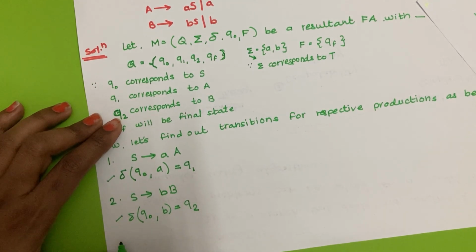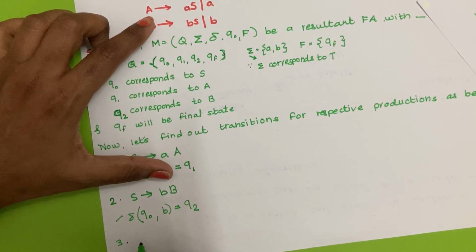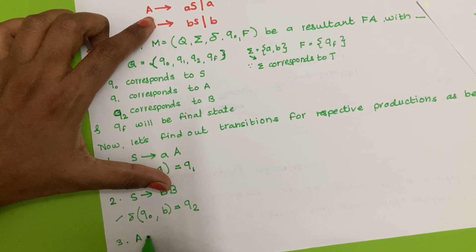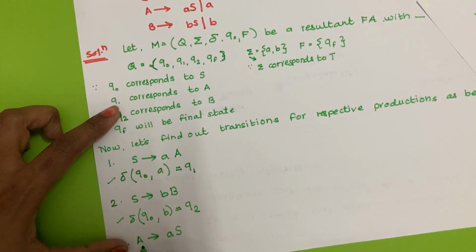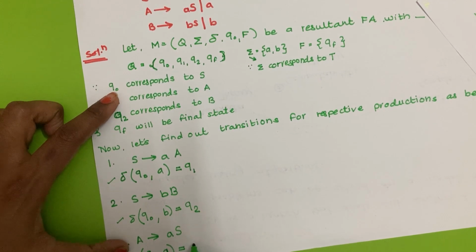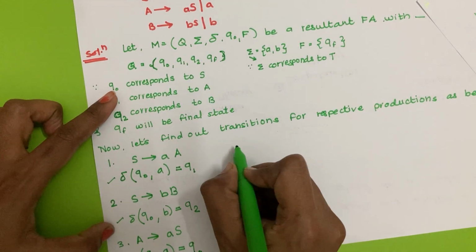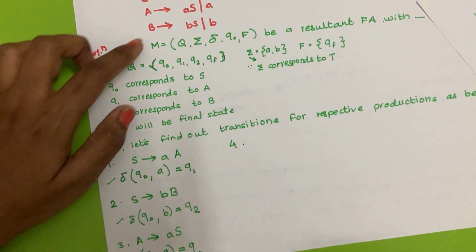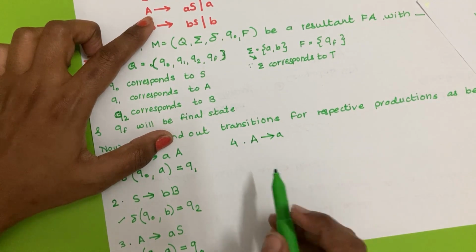Now the next production is A → aS. So δ of A, instead of A I'll put Q1, Q1 comma a is equal to S, and instead of S I'll put Q0: δ(Q1, a) = Q0. Now the next production is A → a.